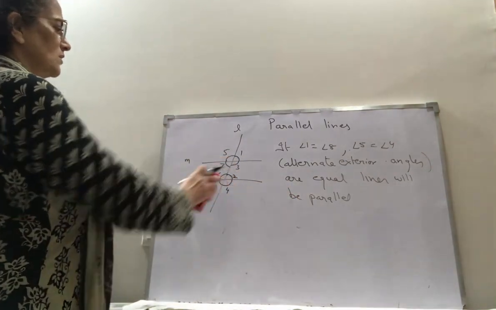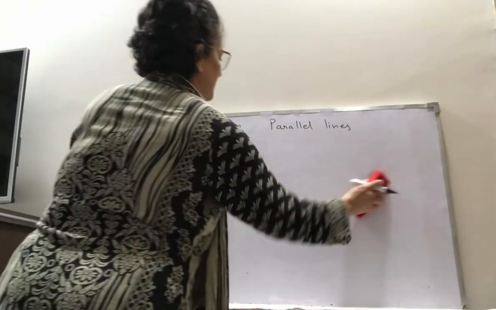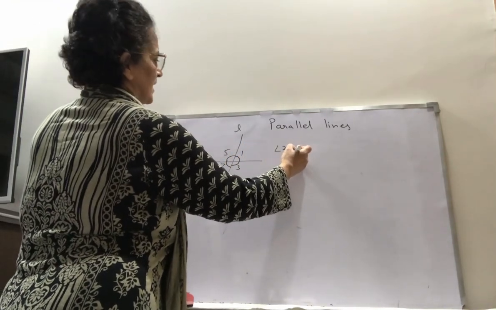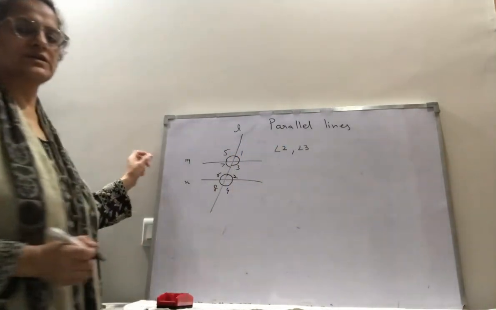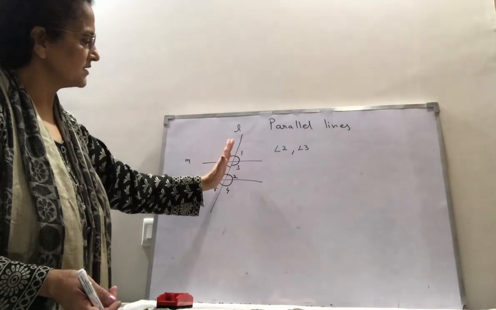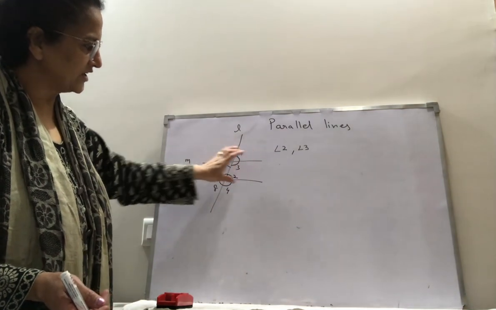Let's talk about the co-interior angles now. For parallel lines, one more condition is there. Angle 2 and angle 3. What is the name given to them? Co-interior angles. What are these angles? They are on the same side of the transversal in the interior part.